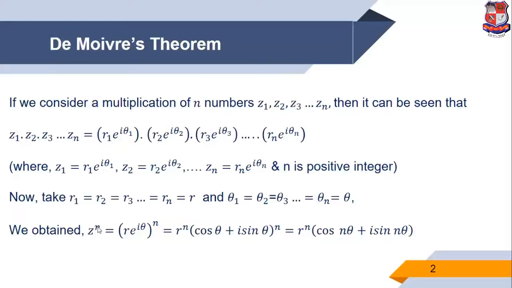So we write z raised to n is equal to r into e raised to i theta, raised to n, which can be expressed as r raised to n into e raised to i n theta. We know that the formula is cos theta plus i sin theta, raised to n. And then r raised to n times cos theta plus i sin theta raised to n is nothing but cos n theta plus i sin n theta.